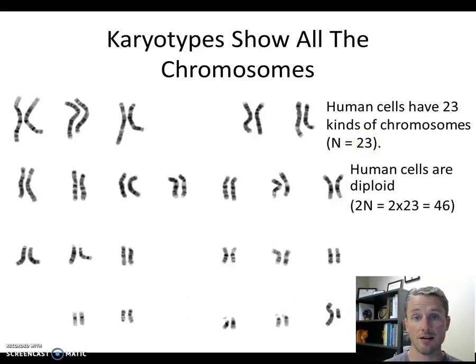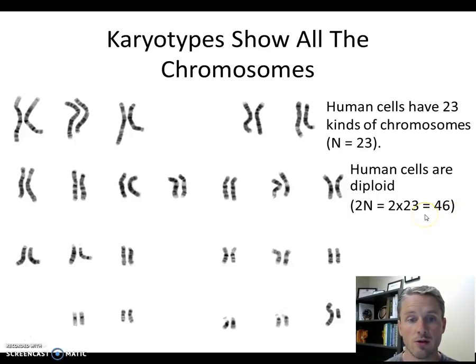We know that human cells, our somatic cells, are diploid. We're looking at a photograph of the chromosomes from one of our somatic cells. So in a human cell, we know they're diploid. We know N equals 23. So diploid again is 2N. We know N is 23, so 2 times 23 will tell us that there will be a total of 46 chromosomes in this cell.